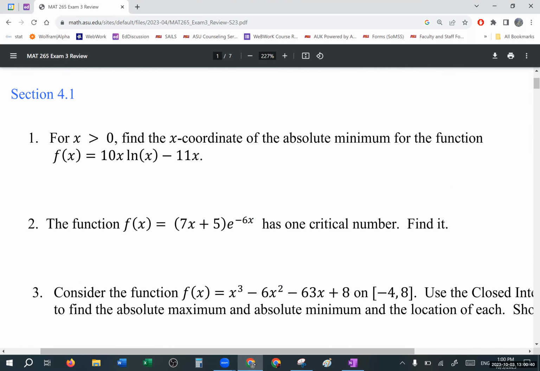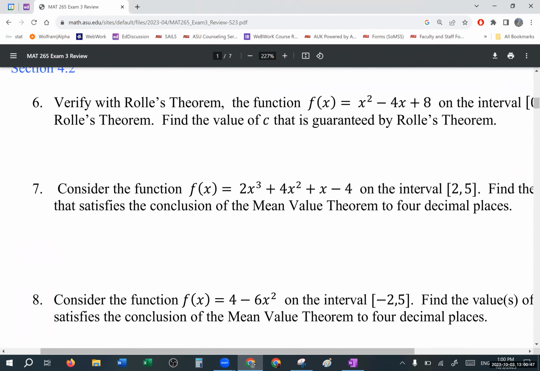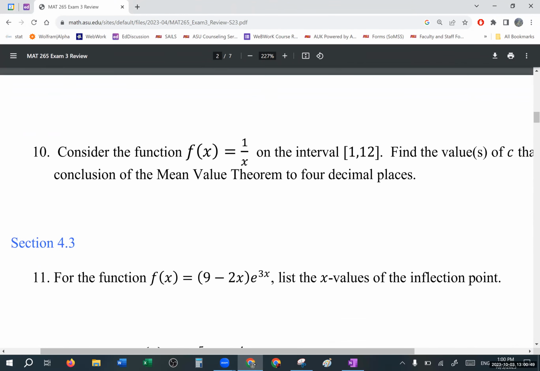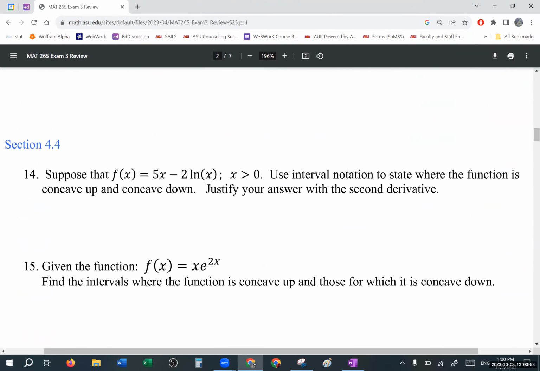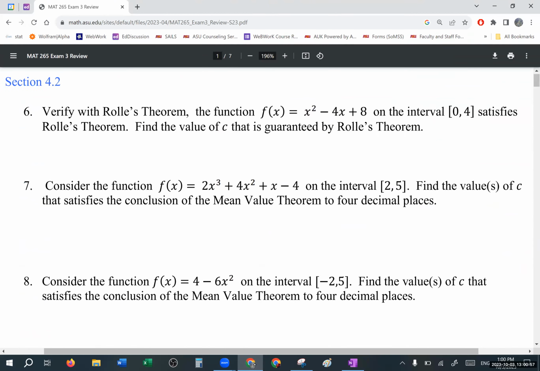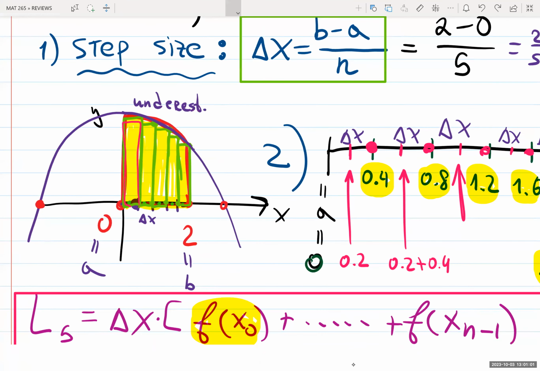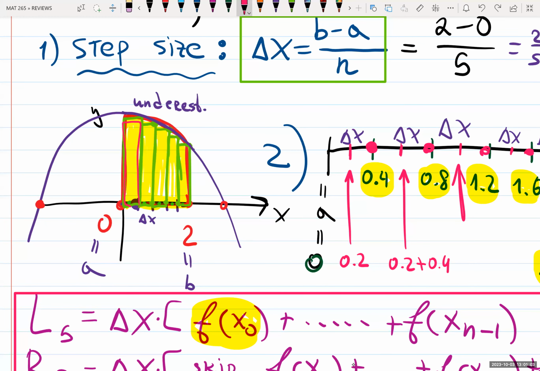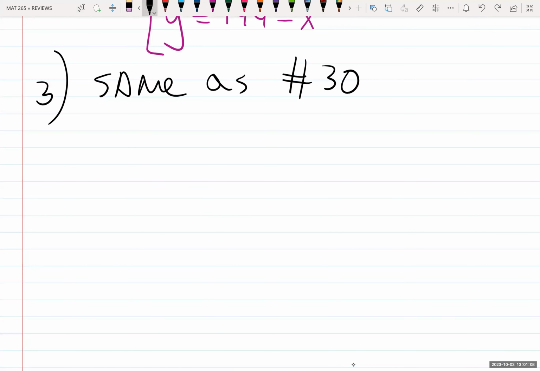I saw a log here, find the absolute max or absolute minimum, and I saw log again for the concavity stuff. So just make sure you know how to work with logs. So let's do each quickly. Let's go down, and then we are done, so don't be afraid. It shouldn't take too long.